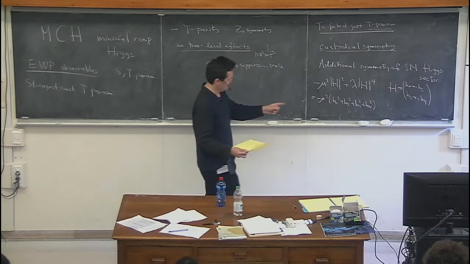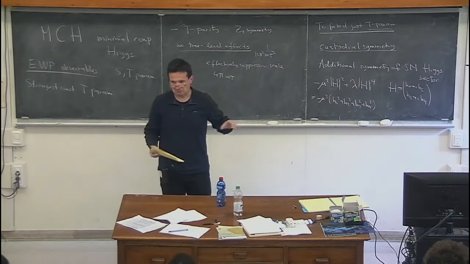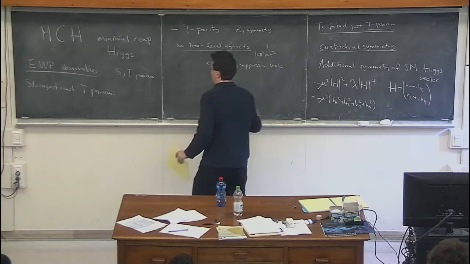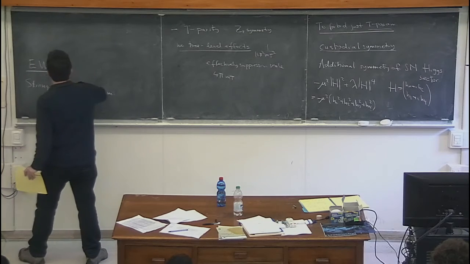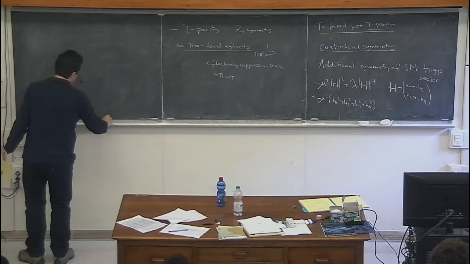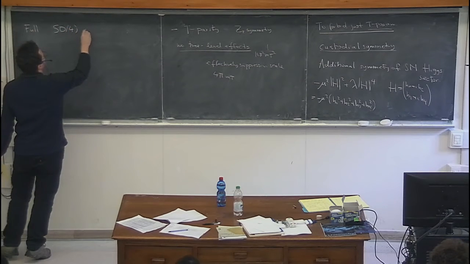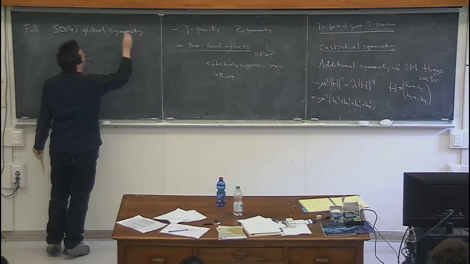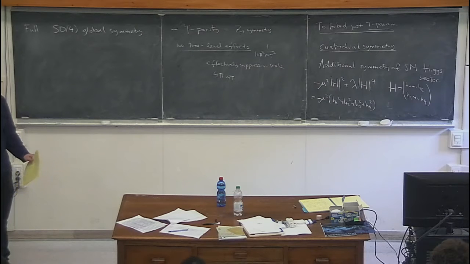In fact, you can see that if I write it just as a 4-component real field, it will have a full SO4 global symmetry, and you probably all know that the SO4 global symmetry is bigger than an SU2 global symmetry. In fact, it is equivalent to 2 copies of an SU2 symmetry.